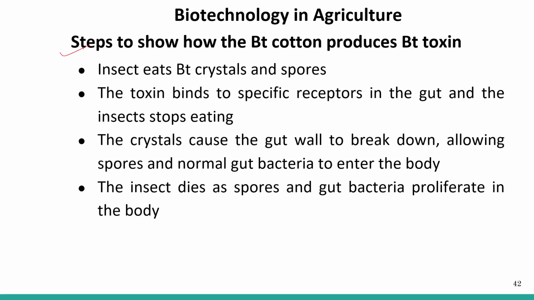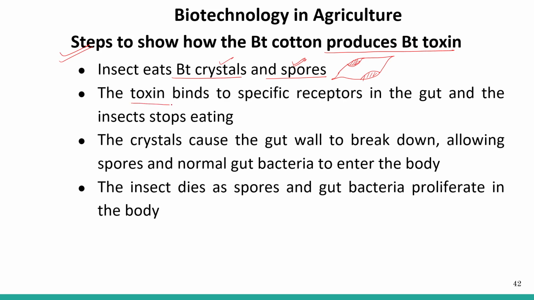Now, steps to show how the Bt cotton produces Bt toxin. Insects eat Bt crystals and the spores. Now, the leaf on which the insect is present is eaten by that particular insect. So this particular leaf part has those crystals, that is Bt crystals, and also the spores of the bacteria.